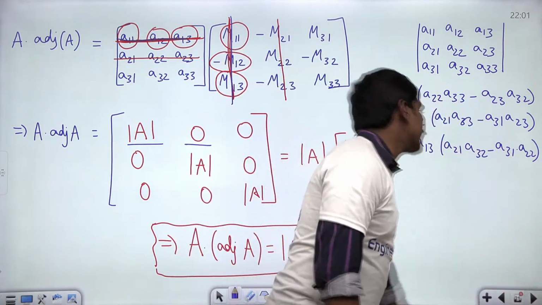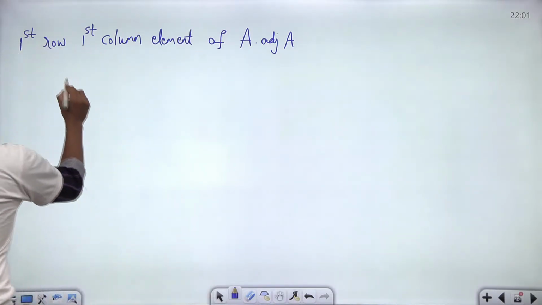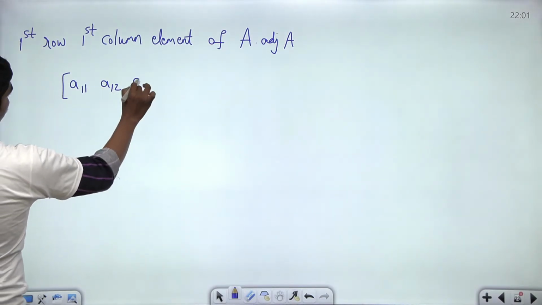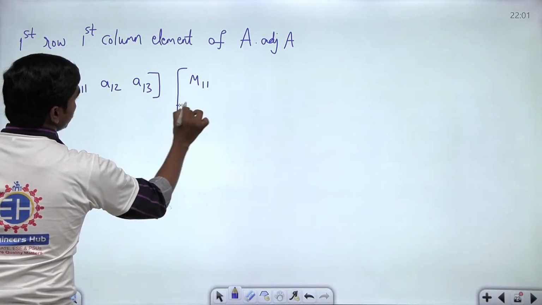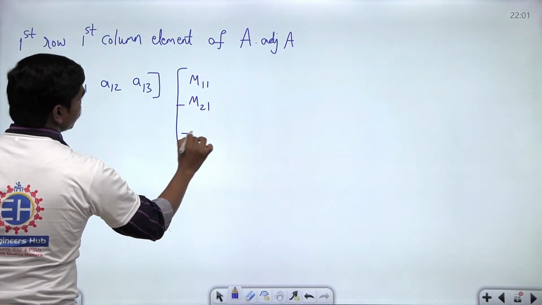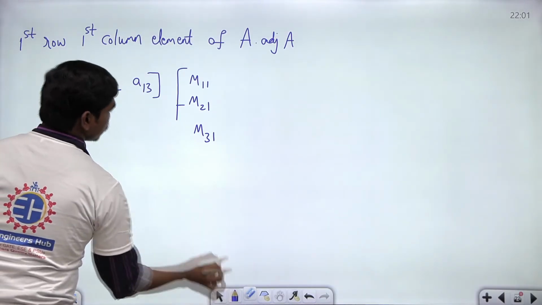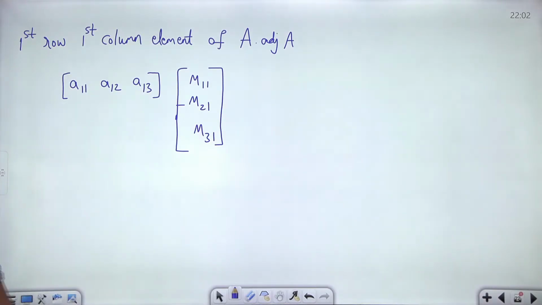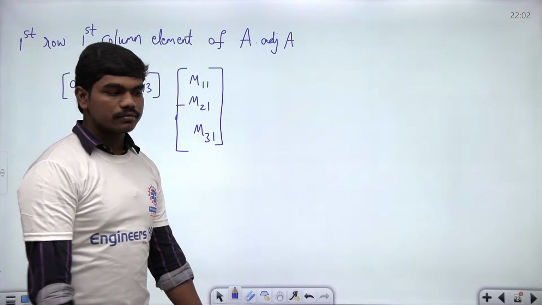So please see here, if you want the first row first column element of A into adjoint A, this is nothing but the matrix multiplication of A11 A12 A13 with M11, minus M21 and M31. I think there is no minus here. Okay, fine.